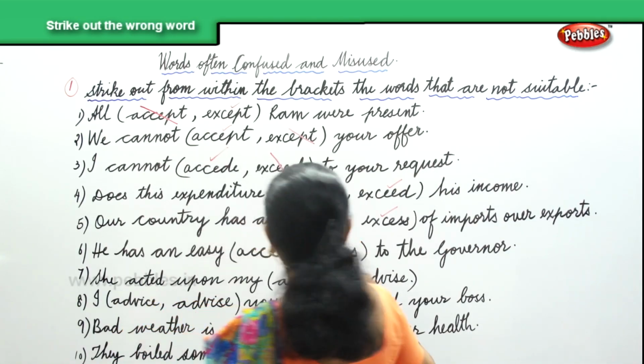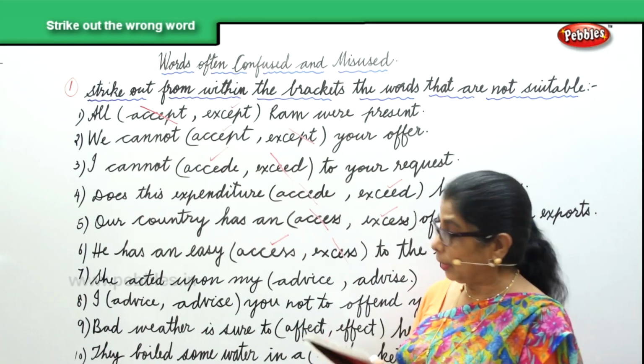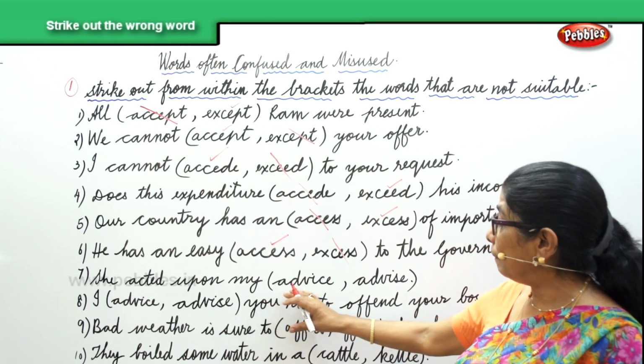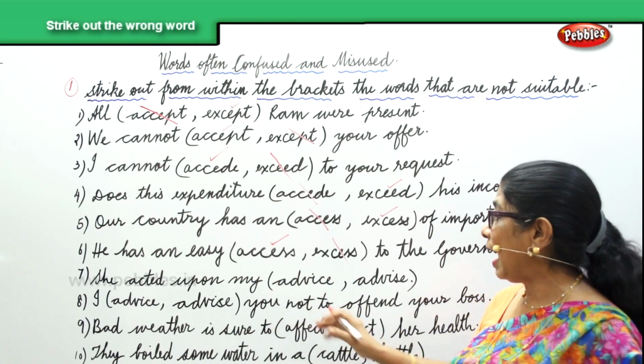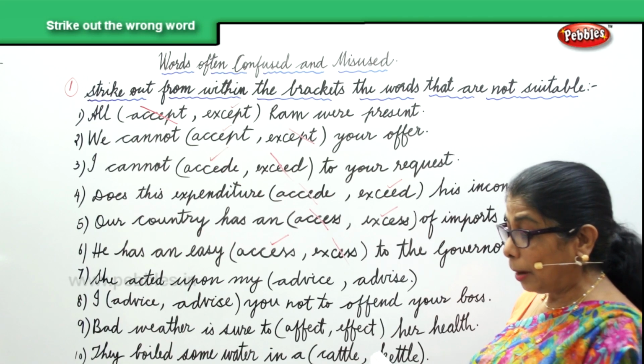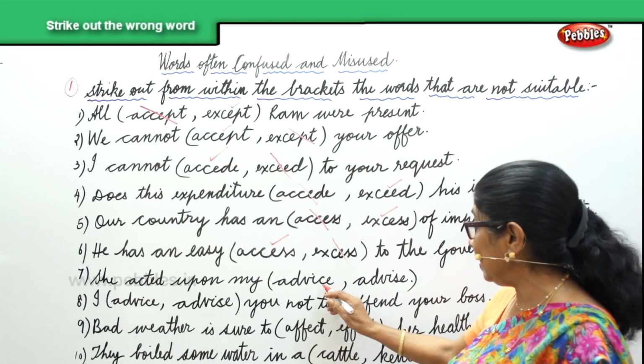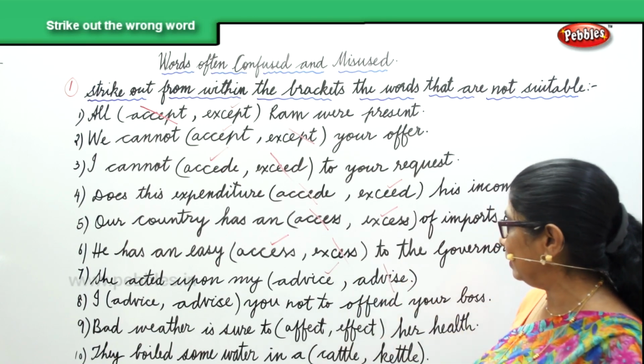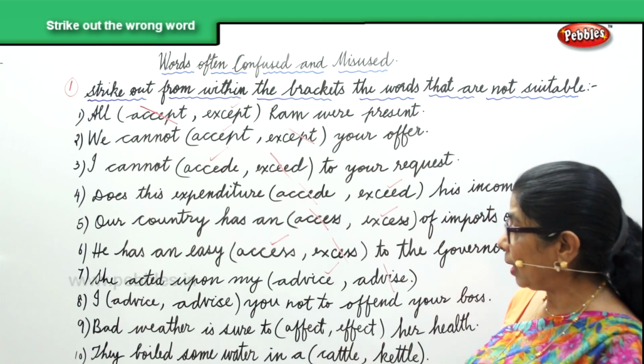Okay. Next. She acted upon my advice. C-E, not S-E. So, advice, and then this is to be struck off.